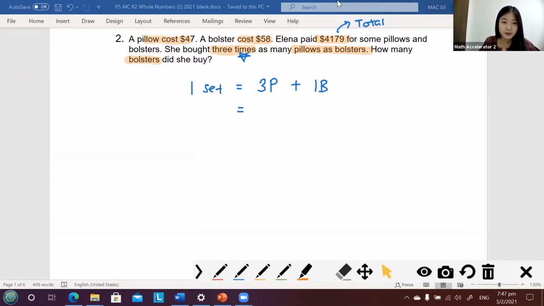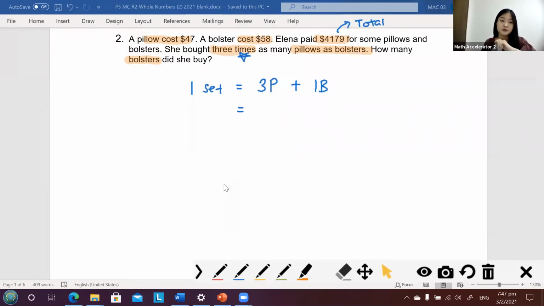I'm going to set a poll right now. Do put in your answer once you have it. You can select your answer in the poll. What's the value of one set here?